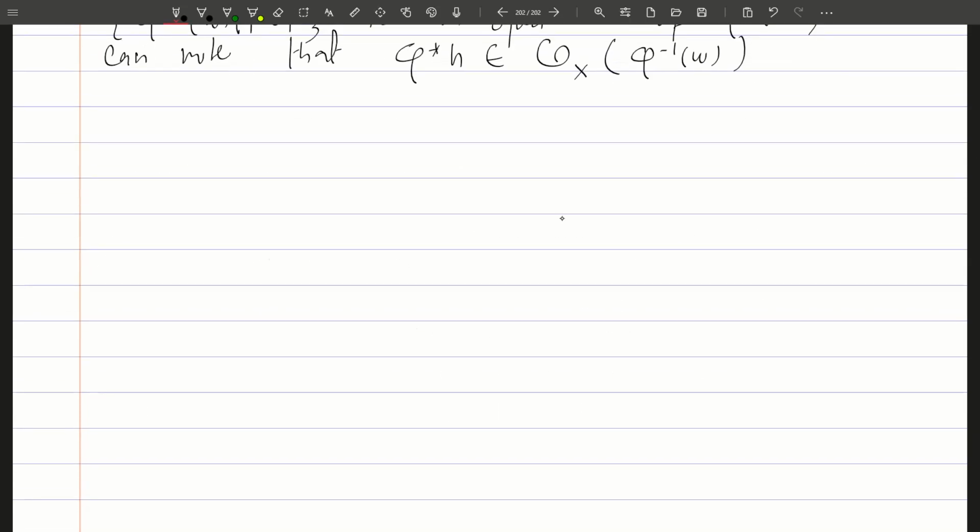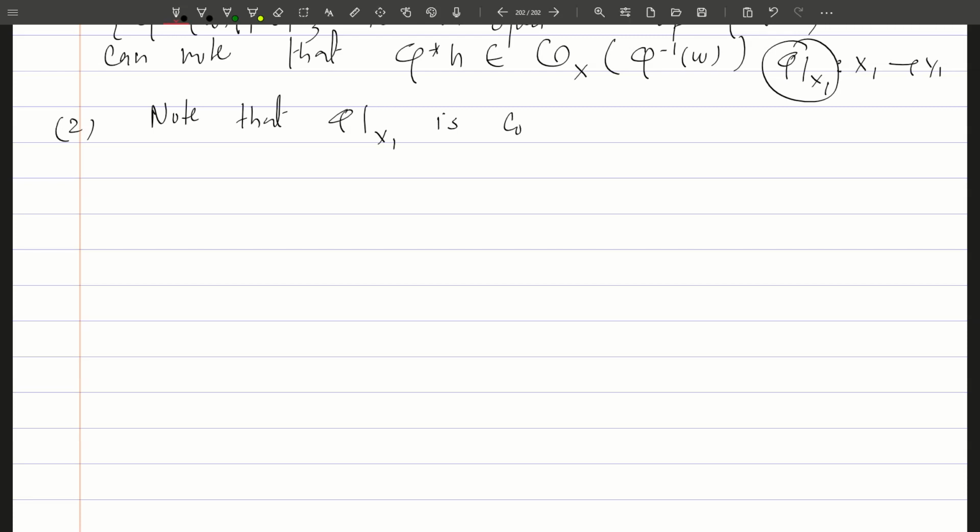Now to prove the second item, first note that we had to prove phi restricted to x1, which is a map from x1 to y1, is a morphism. So for that we first have to prove this map is a continuous map. Note that phi restricted to x1 is continuous, because a restriction of a continuous map is continuous.